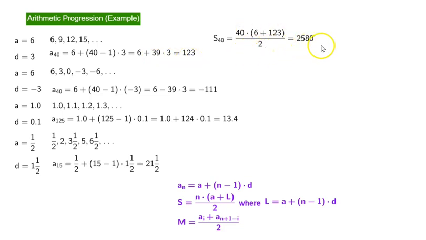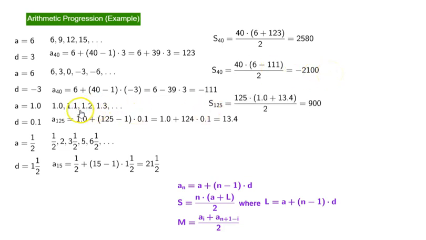Solving this, we get 2580. S sub 40 for the next sequence: we get 40 times 6 minus 111. Here it's actually plus as per the formula, but here we have minus 111. So that's why 6 minus 111. Solving this, we get minus 2100.